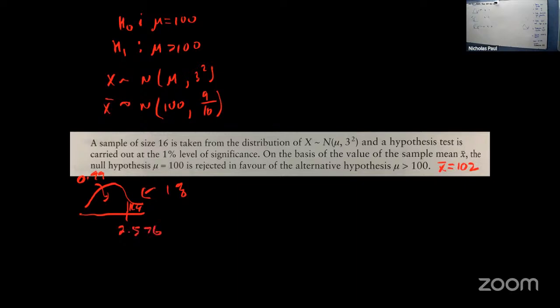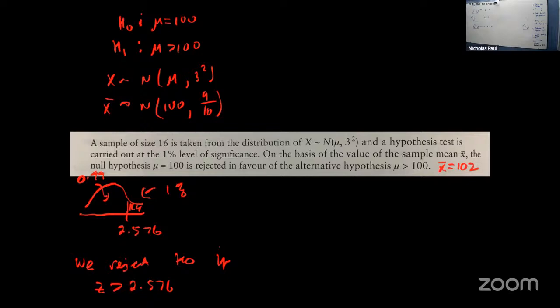So therefore, we reject H naught if the Z value is greater than 2.576. Okay, that is our rejection region.